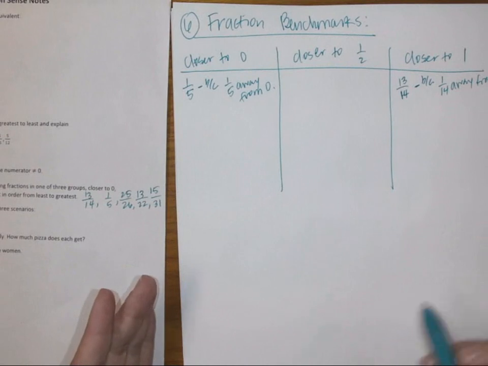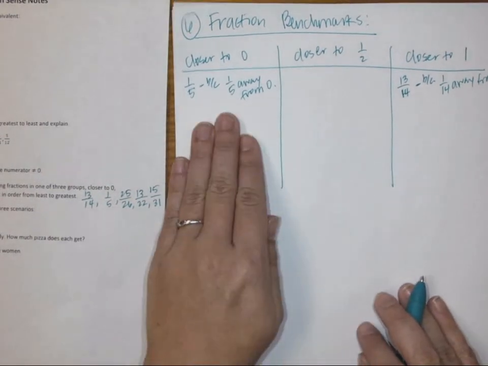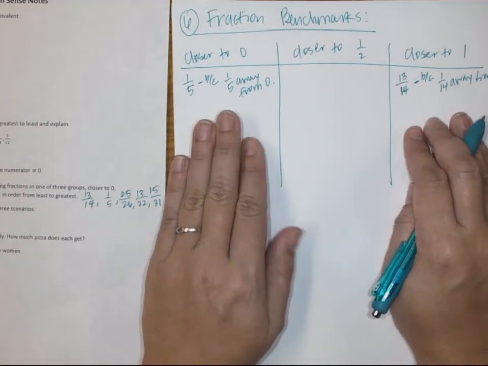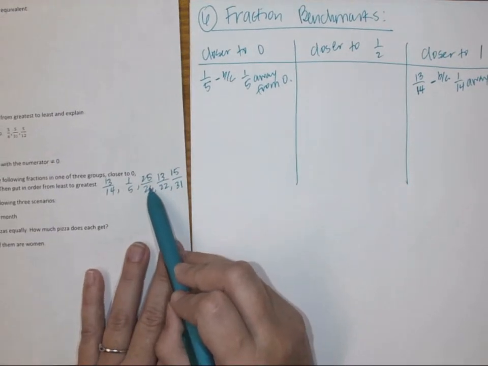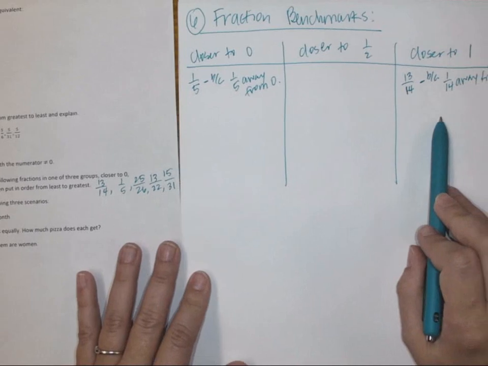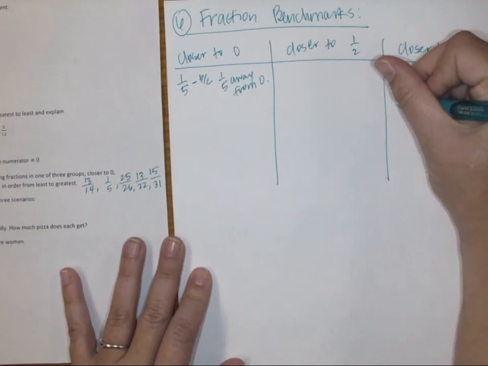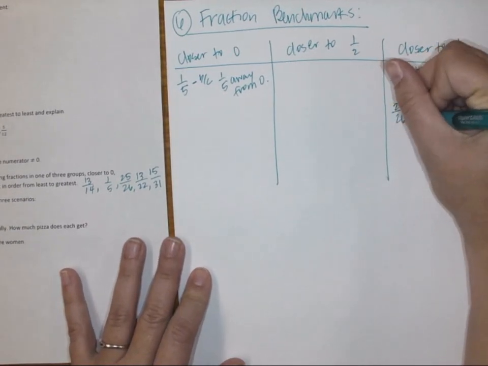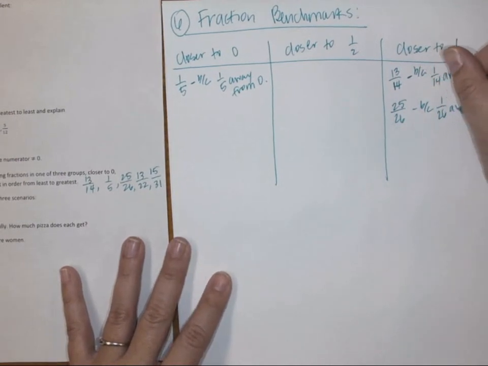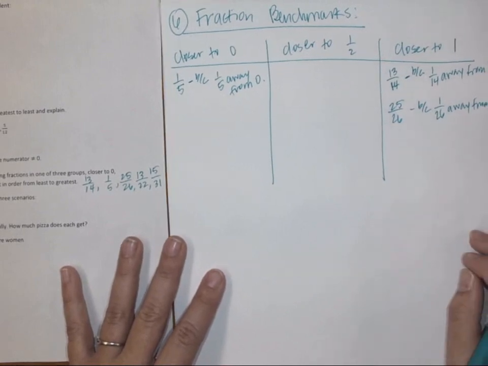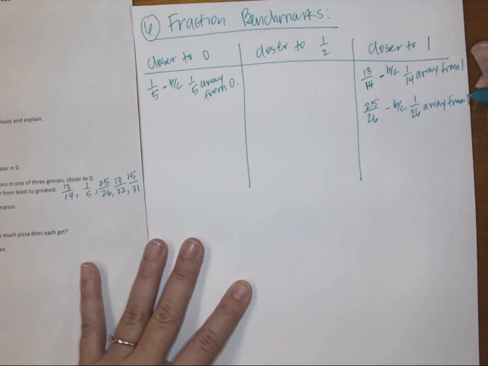I'll have to do a little more work at the end, but obviously 1/5 is smaller than 13/14. My next one, 25 out of 26, is going to be closer to 1 also, same idea, because it's only 1/26 away from 1.